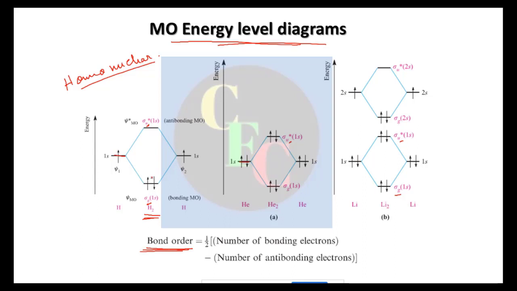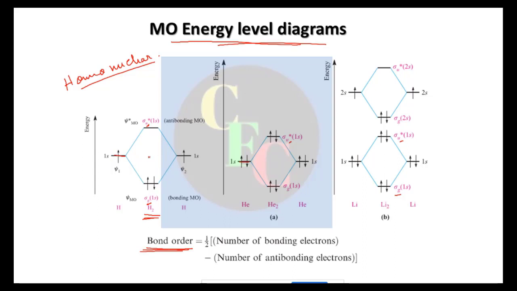One more thing, they will also not pair up unless all the orbitals of the same energy are singly occupied, right? Now we have only one orbital here, so both the electrons come up here.